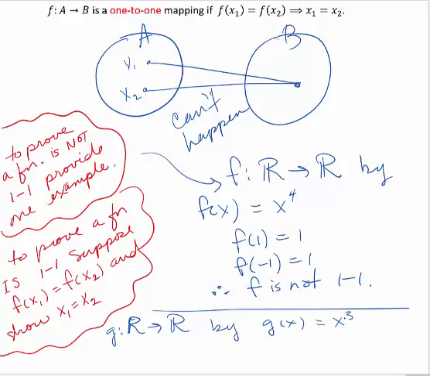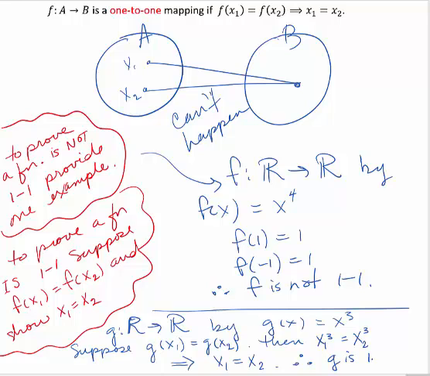If you think of the graph of y equals x cubed, it's always increasing. But how we show it algebraically is, suppose g of x1 is equal to g of x2. Then x1 cubed is equal to x2 cubed. And we know that we can take the cube root of both sides. This implies that x1 is equal to x2. We can conclude, therefore, g is one-to-one.